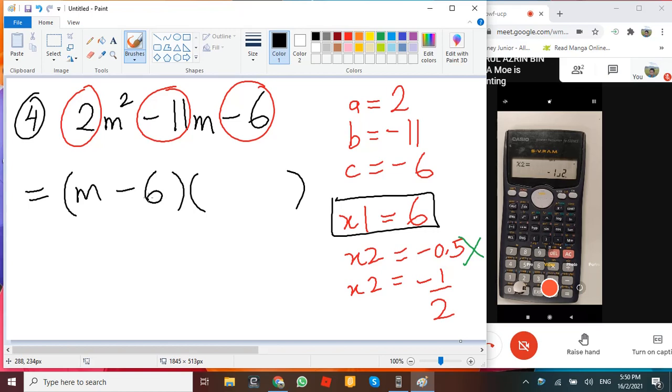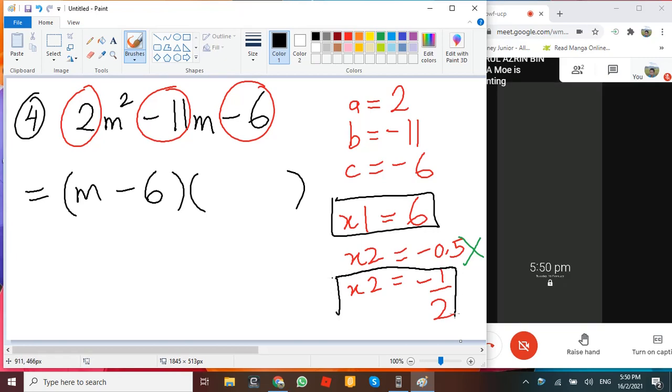And then here, for the second value, we focus on the denominator. The denominator is 2. So we write 2 first. And then we write the variable m. And then the value here, negative 1 or minus 1. Negative, we change to positive or plus, and then we write the number 1. And so this is the answer, m minus 6, 2m plus 1.